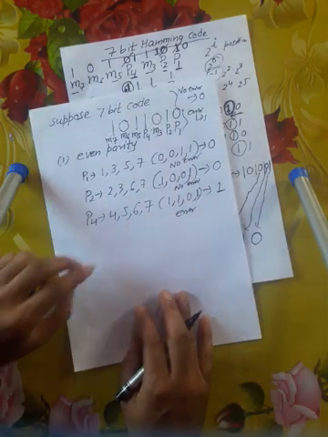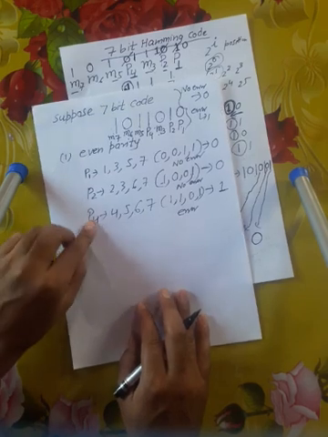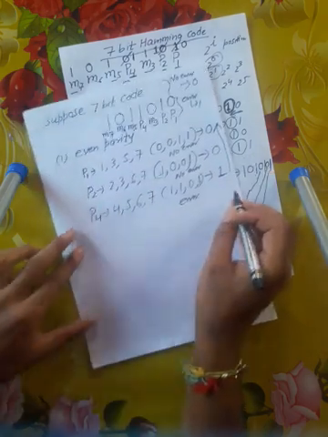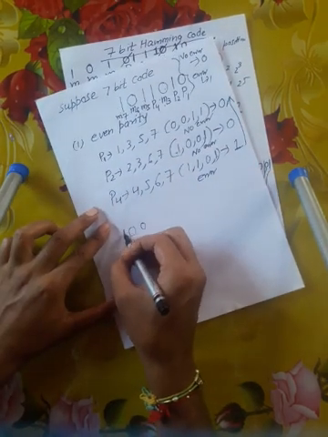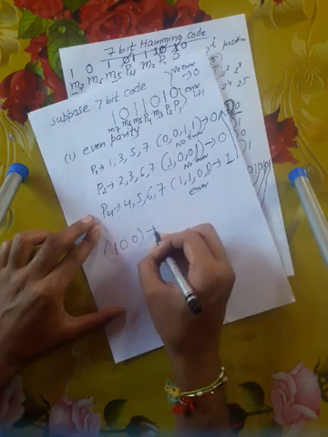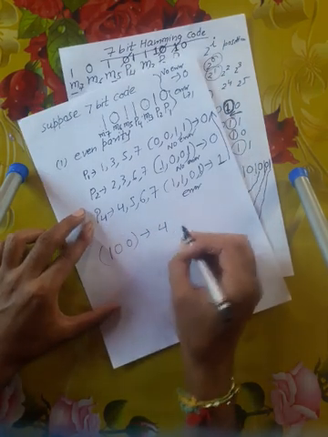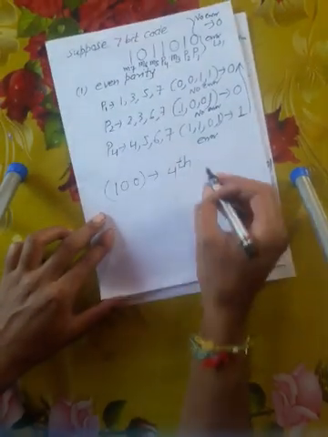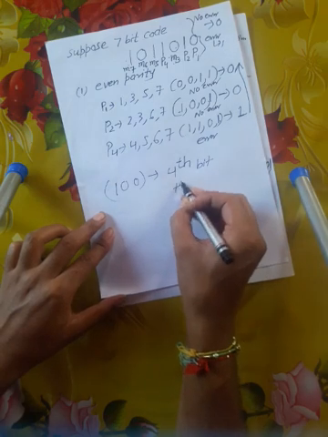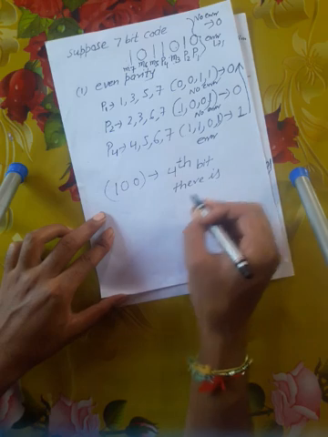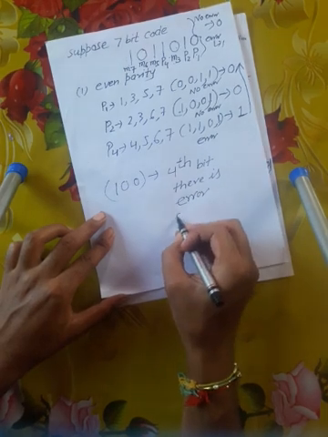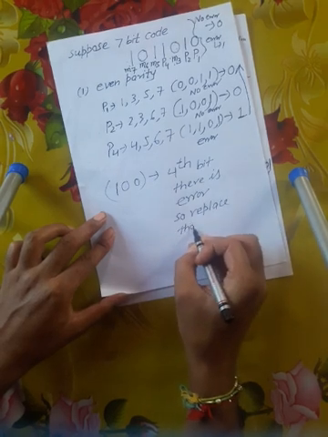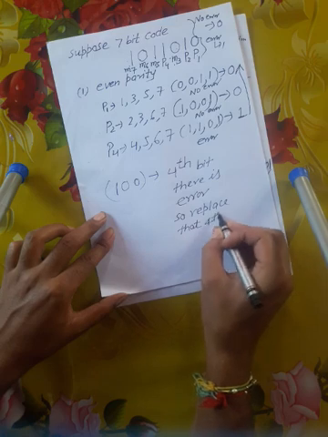Okay, now what you will do, P4 is MSB, so just write down the binary value, decimal value of this 100. 100 means what? 4. So in fourth bit there is error, so replace that fourth bit.